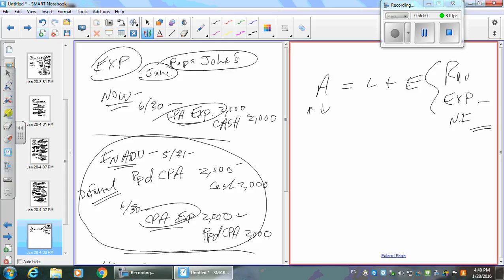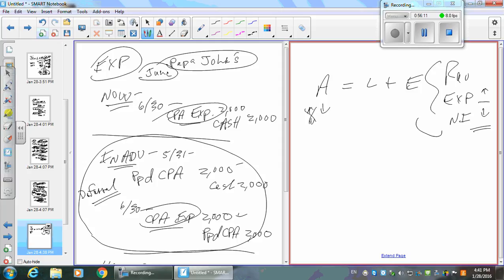Then what happens with this next journal entry down here, the second one? It's debit CPA expense, which increases expenses, and it's credit prepaid, which gets rid of that prepaid. But what does that increase in expense do to net income? Decreases.